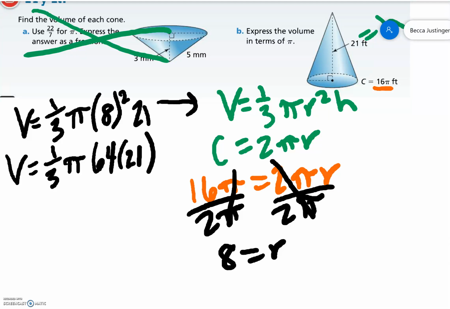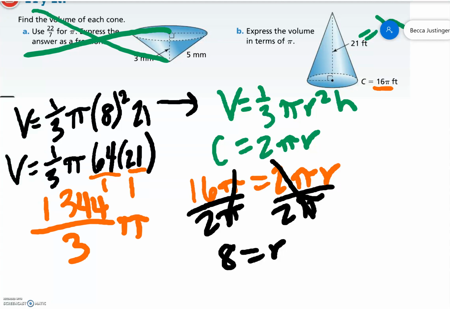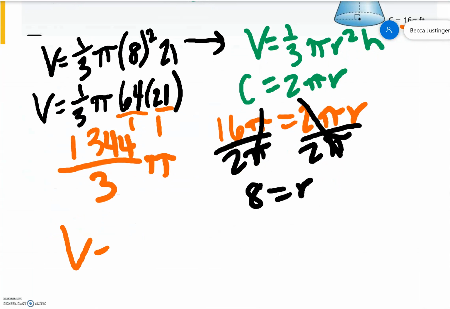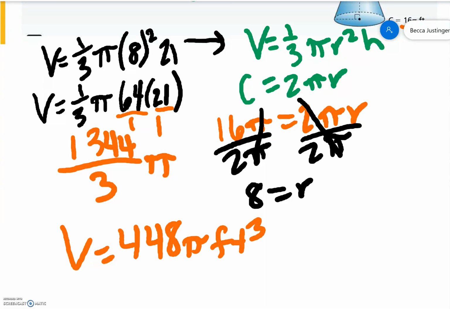Remember, you can always make these over 1. So I get 64 times 1 times 21 equals 1,344 pi over 3. Last step, divide by 3. And the volume is 448 pi feet cubed.